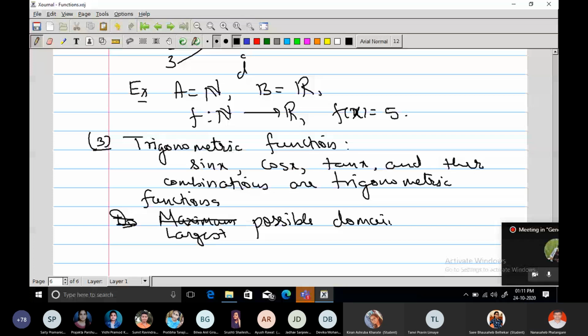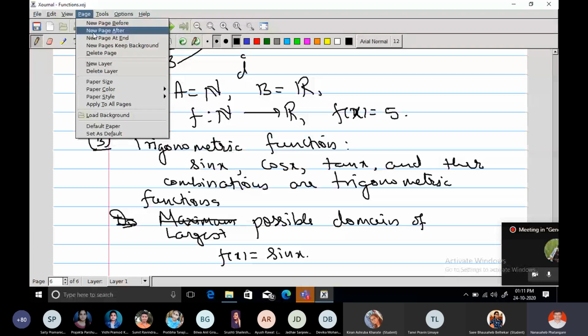of a function? If I am talking about the function f(x) equal to sin x, what is the possible domain of sin x? That means, what are the points where it is defined? Minus 1 to 1?